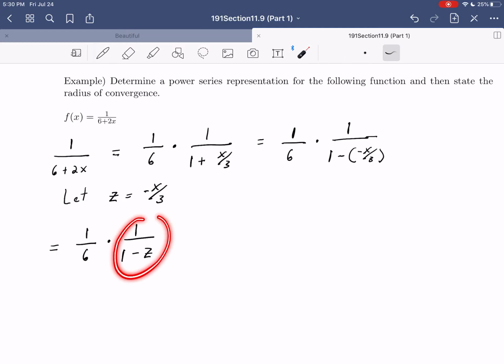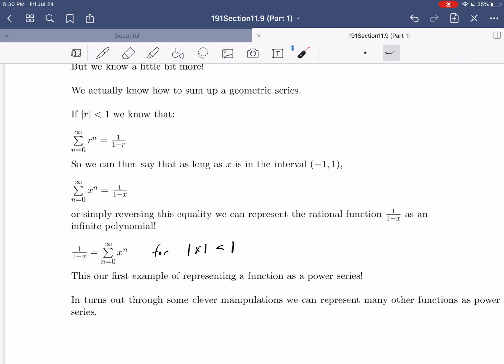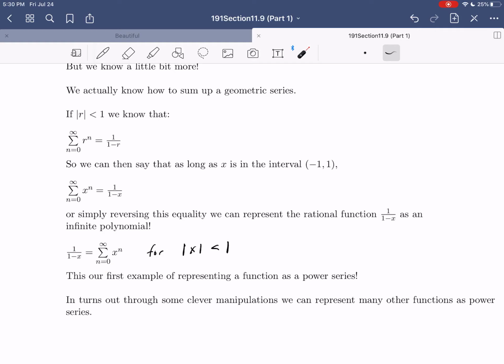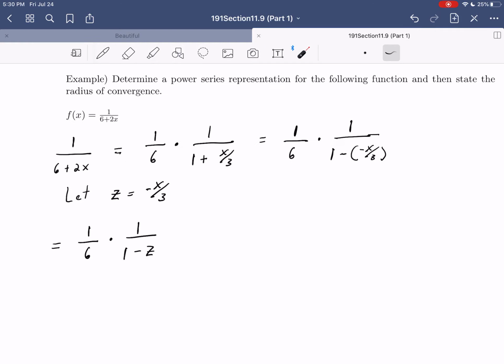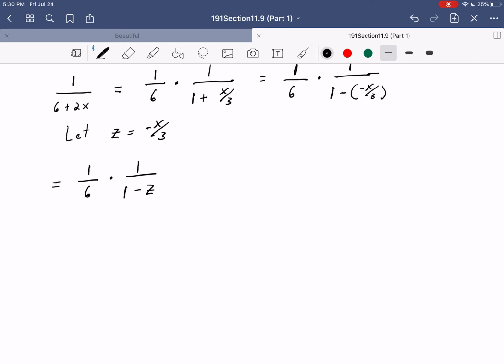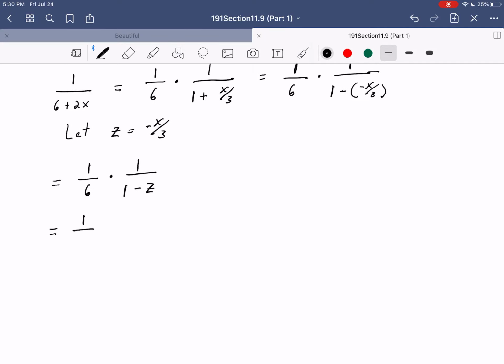And now this expression right here is exactly the one expression that we know a power series representation for. So let's go ahead and use that. So we can then say that this is equal to 1 over 6 times the summation from n equals 0 to infinity, z to the n.